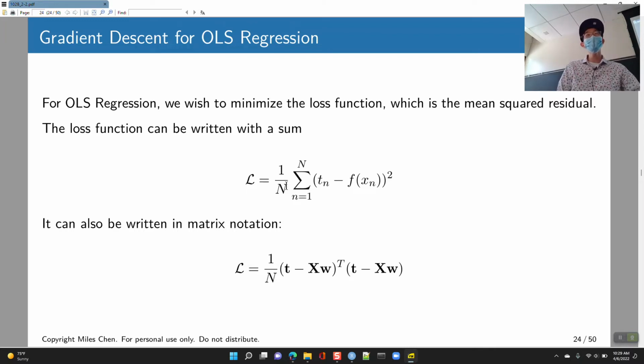Now I know maybe we're already tired of this because we already know how to minimize OLS regression. We already know the answer is (X transpose X) inverse X transpose t, or that the slope is the correlation times the standard deviation of y over the standard deviation of x. We already know this, but we're going to use gradient descent to show that we can still get to the same answer.